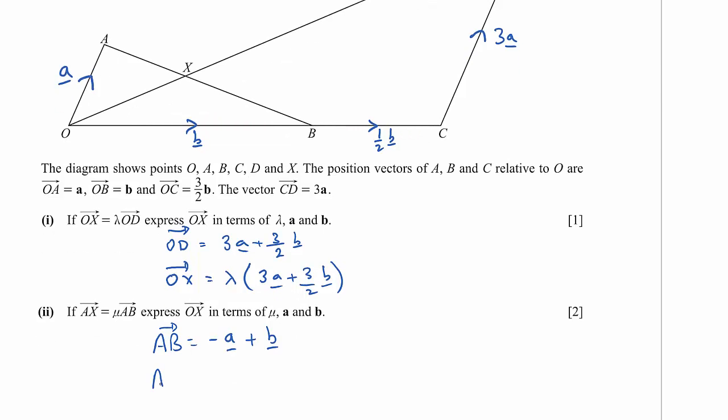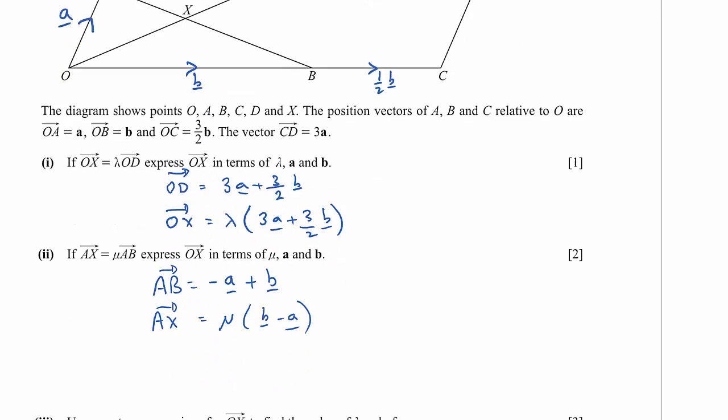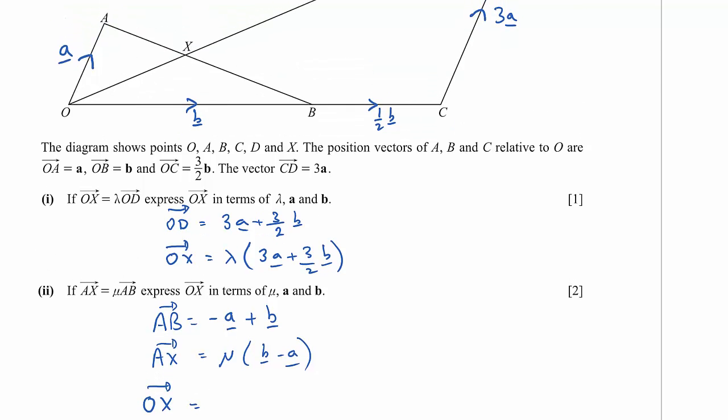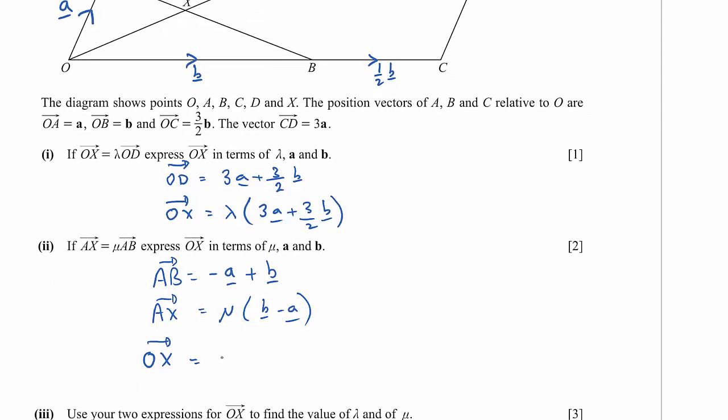And that means that AX would be equal to mu (b minus a). And then we want OX, which we could do as O to A and then A to X, so that would just be a plus the mu (b minus a).